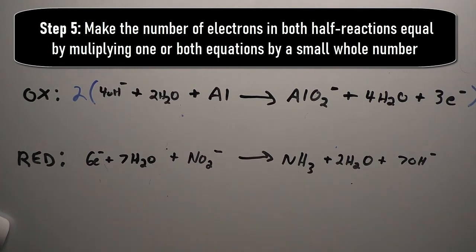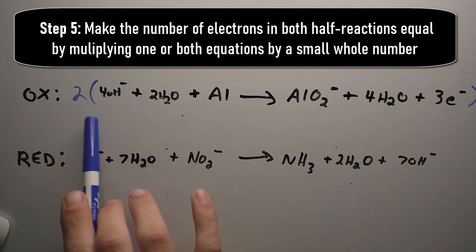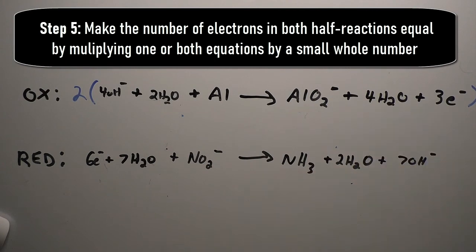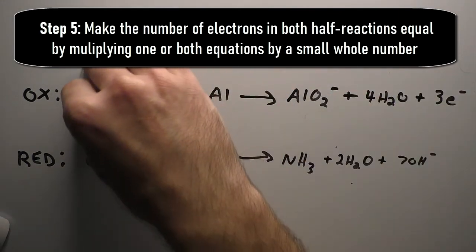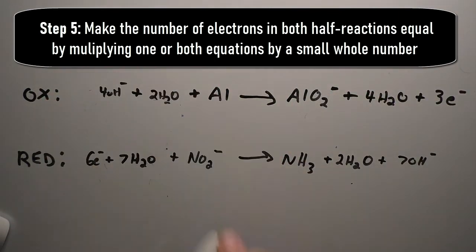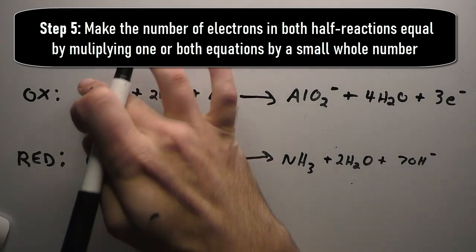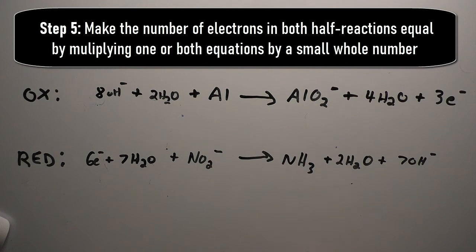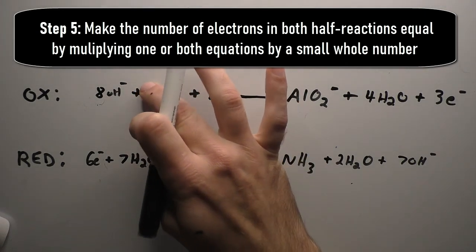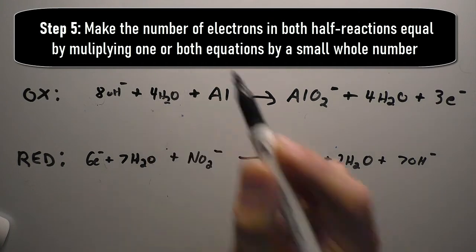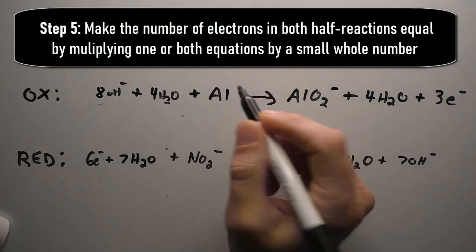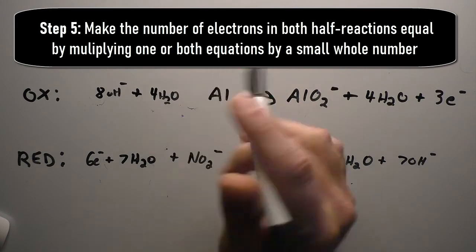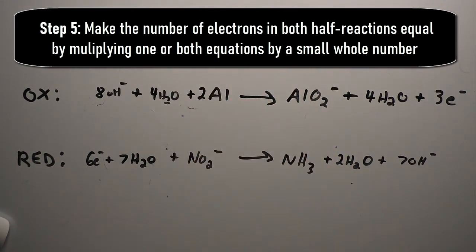So if we're going to multiply this entire half reaction by 2, that means we need to multiply every single coefficient on every single one of these chemical species by that factor of 2. I'll go ahead and take my parentheses and my 2 away and just understand that we're going to be multiplying everything by 2, right? So that 4 for the hydroxides, we're going to multiply that by 2, and that's going to become 8 hydroxides. The 2 waters, multiply that by 2, that's going to become 4 waters. The aluminum, 2 times the understood 1 in front of that aluminum is going to be 2.